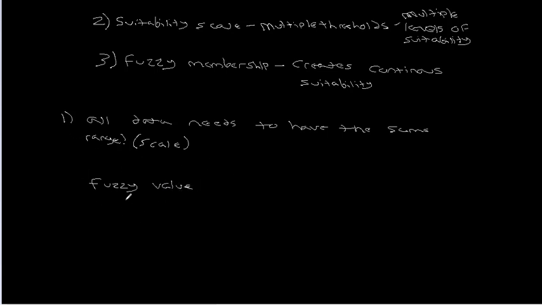And what a fuzzy value is, it's a number, it's a continuous value between 0 and 1, where 0 indicates unsuitable, and the value of 1 indicates perfect suitability.